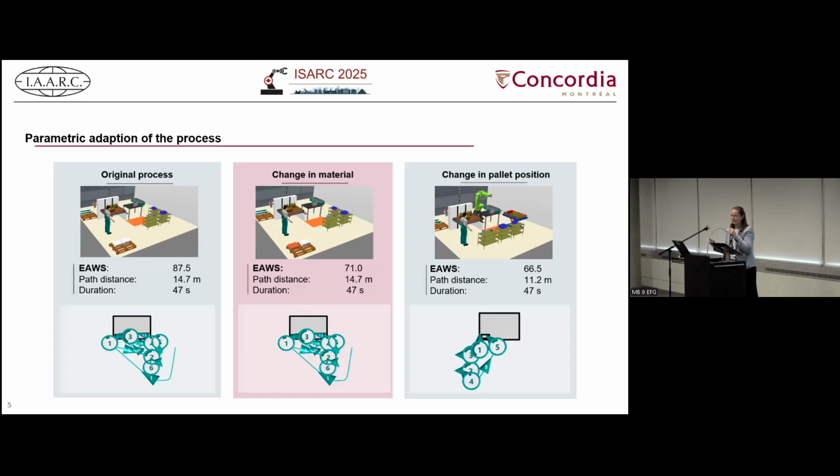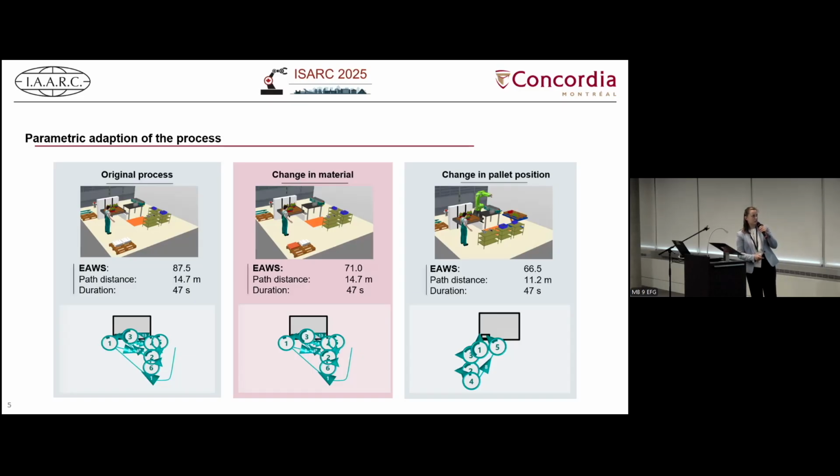That marks just the pathways the worker has gone. When you change the material, this has a big influence on the EAWS score. For example, if you take lighter bricks, it's not as much load on the human as before, so the EAWS score reduces.